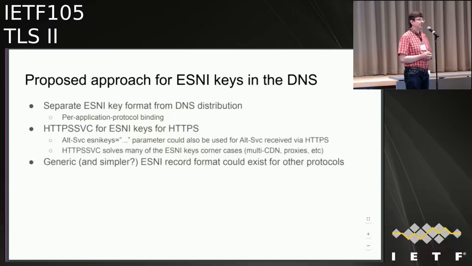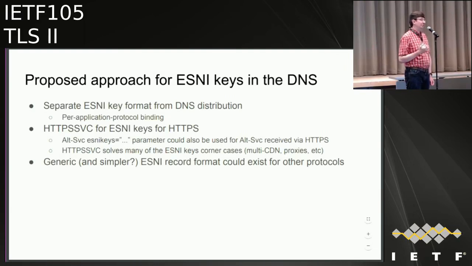And then the question becomes, what do we do about the DNS records here? I see a few different options. One is to have a per application protocol binding that would describe how you would want to use ESNI keys for a given protocol. So for HTTPS, we could say, go use the HTTPS service record, and then there could be a generic, simpler binding that says, go use the ESNI record.